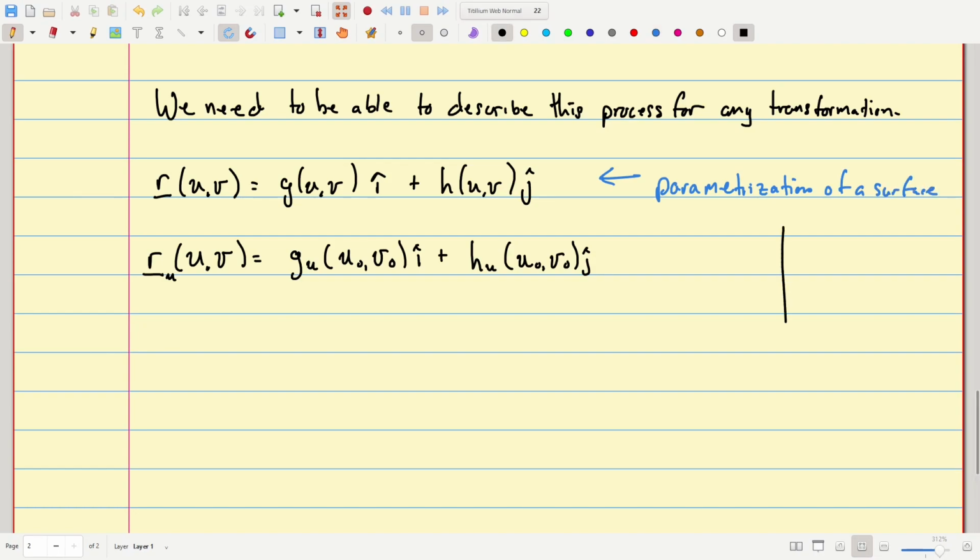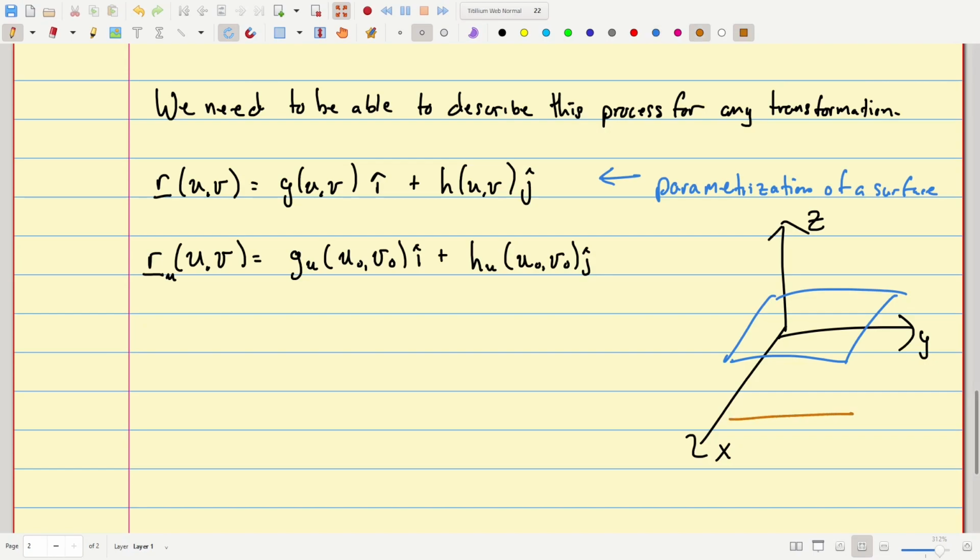And what this means is that we have some coordinates here. I have some surface that sits over the plane. I have some domain down here.